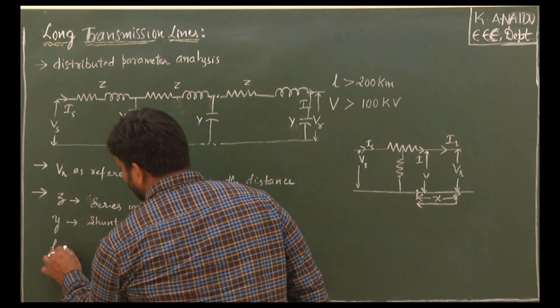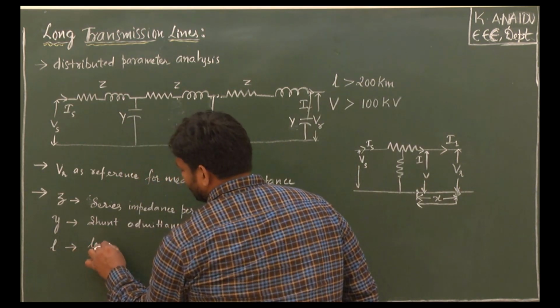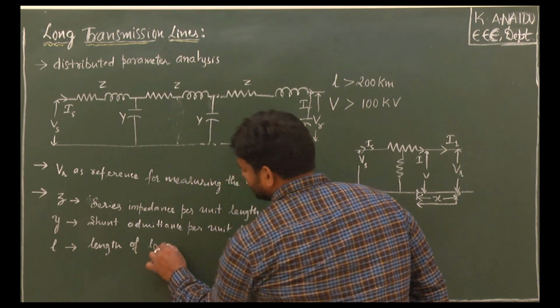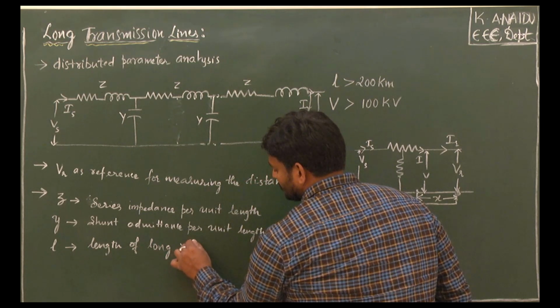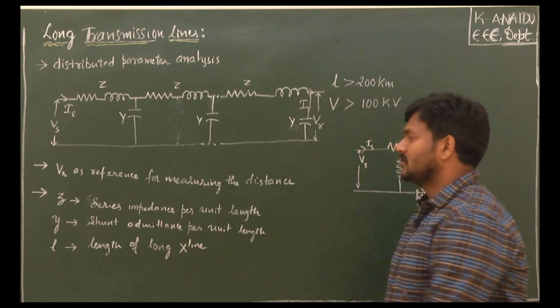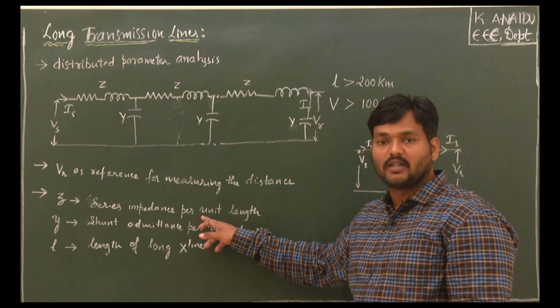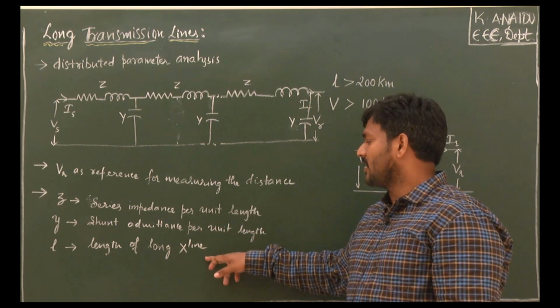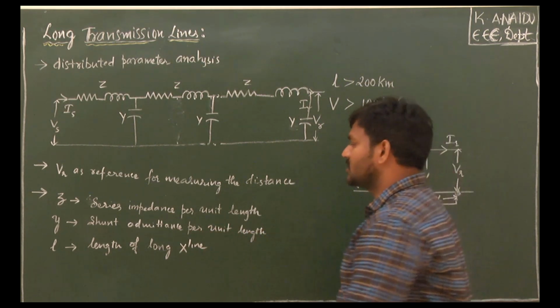And let L be length of long transmission line. So z is series impedance per unit length, y is shunt admittance per unit length, and L is the length of transmission line.